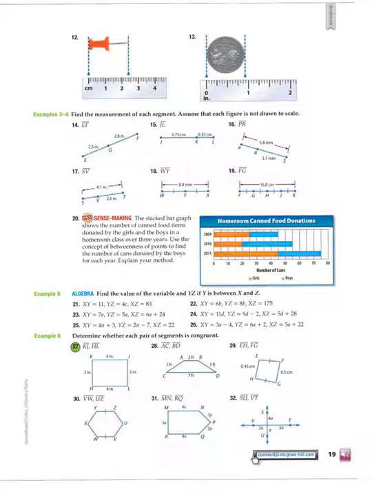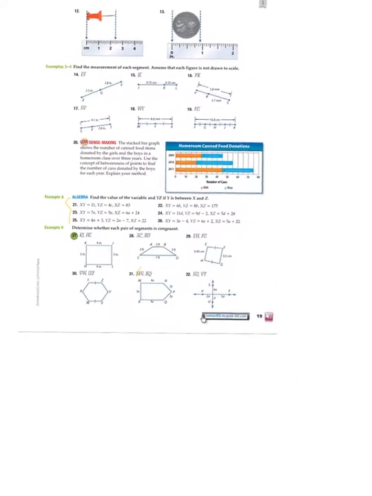All right, let's look at some of these. I am feeling some factoring coming pretty soon. And I like to give you problems that you have to factor because I like to remind you of those concepts. Let's look at a few examples here. Find the value of the variable and the length of YZ if Y is between X and Z. Now, I draw almost all of my figures that go with these problems.